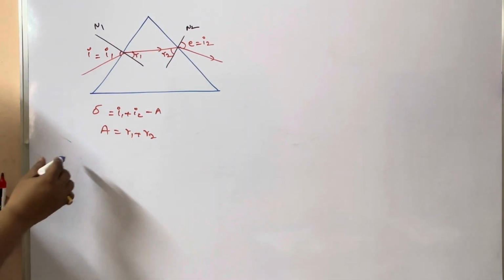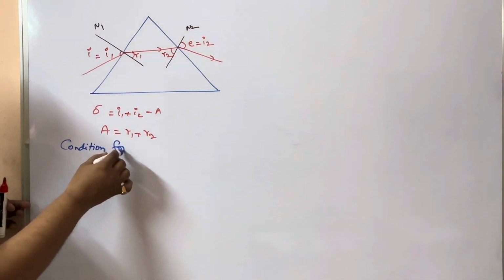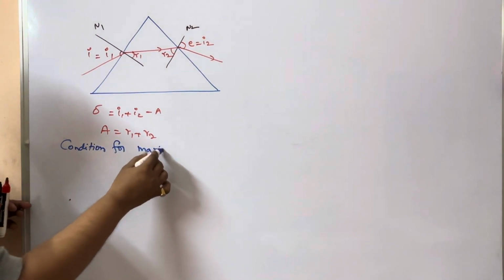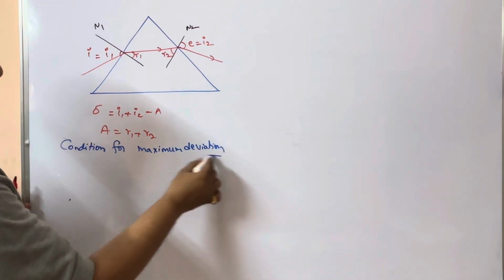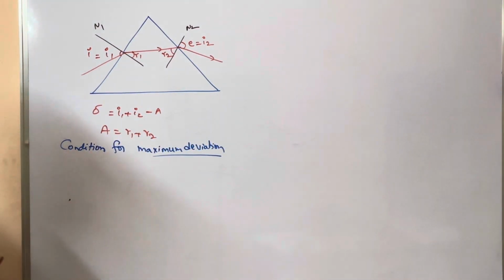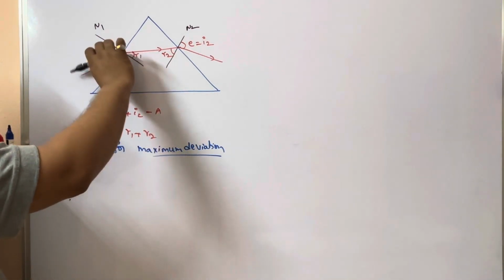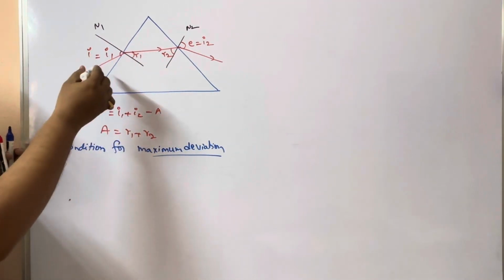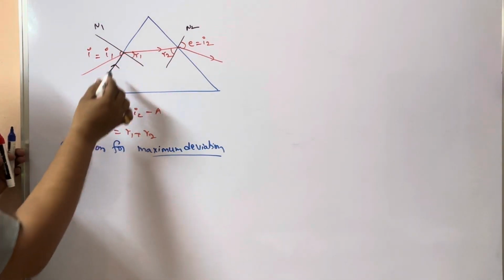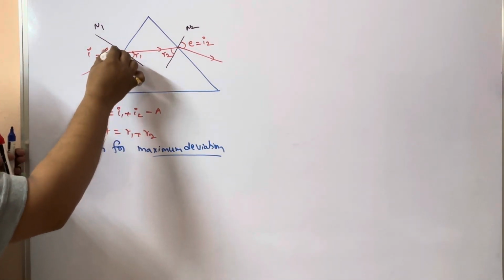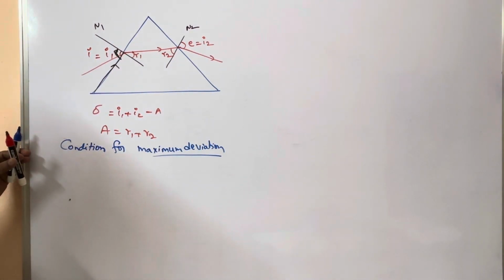Now we will see the condition for maximum deviation. The condition for maximum deviation means the angle of incidence is increased, and the maximum angle you can get is when the light ray is incident like this, let us assume. What is the angle of incidence? The angle of incidence is going to be 90 degrees, correct?